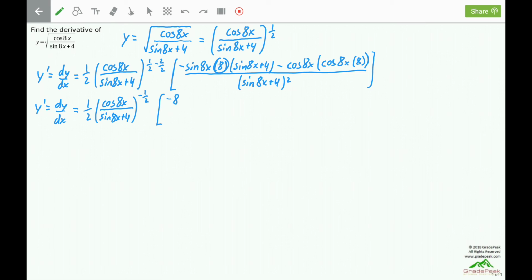Negative 8 sine 8x times sine of 8x plus 4, minus, and then this second term we have an 8 that everything's multiplied. We'll move that out front with the negative, so we have a negative 8. And then we have a cosine times a cosine, we can call that cosine squared of 8x. All of that over the denominator squared, so sine of 8x plus 4 squared. We're not going to do anything with that.